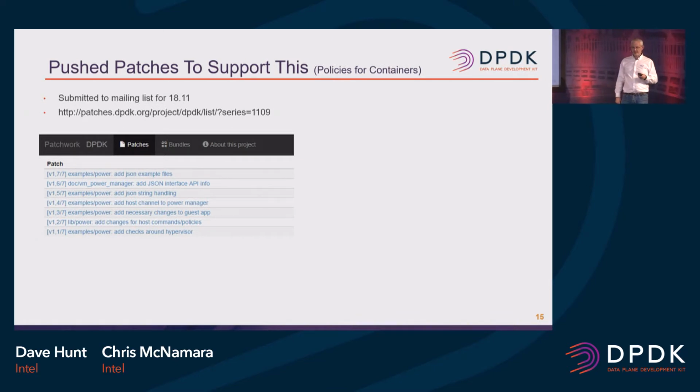So the patches that were pushed up last week are hopefully going to go into 18.11. One of the changes in that was to allow the VM Power Manager to work without QEMU or any of that infrastructure installed, because sometimes when you're running containers, you don't want the VirtIO serial infrastructure.